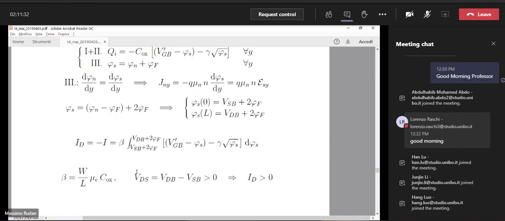Of course, associated to the two junctions, there are also the capacitances, and they must be introduced at a later stage in the analysis of the circuit if necessary. Okay, so the next point will be the calculation of the differential conductances of the device. We stop here and we shall resume in 10 minutes.